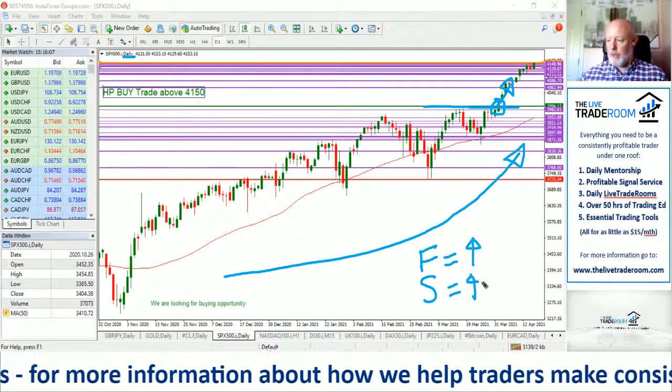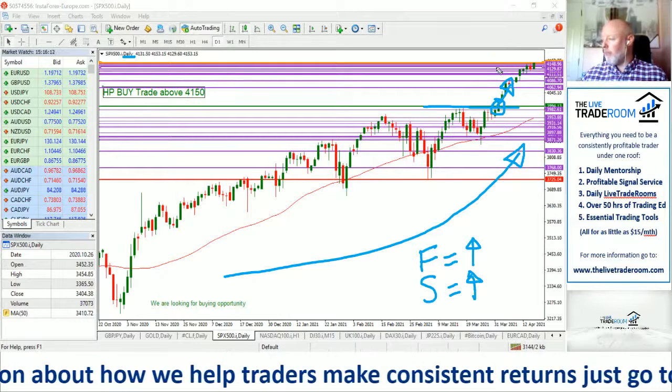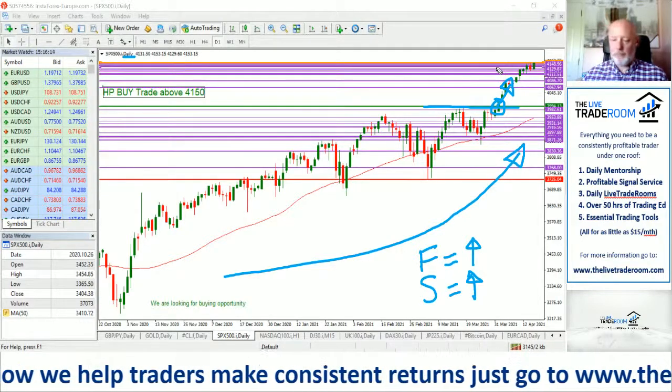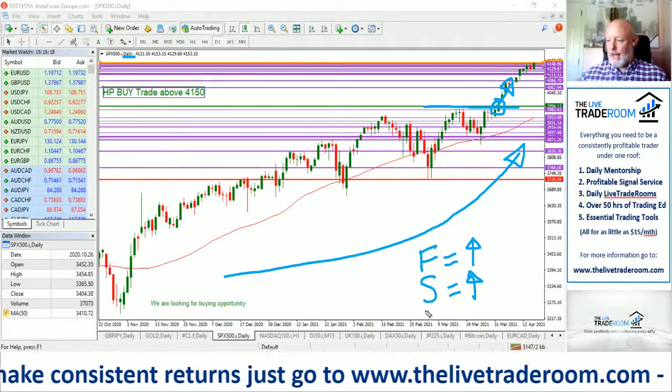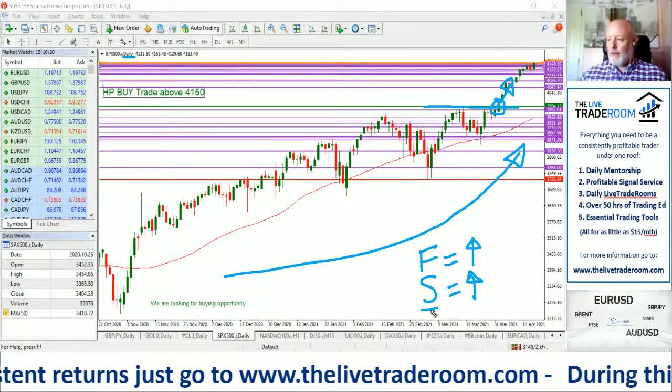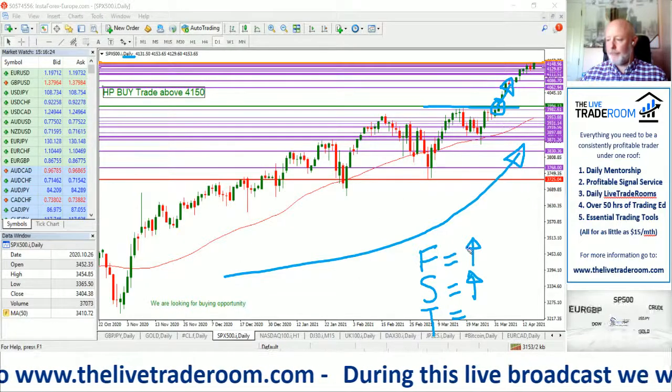Across the media channels, there are lots of interviews saying we're likely to get prices pushing higher, things are looking really good, the figures are looking good, and so on. All of that stacks up, and then you can look at these charts and say, right, well, prices are clearly moving to the upside.